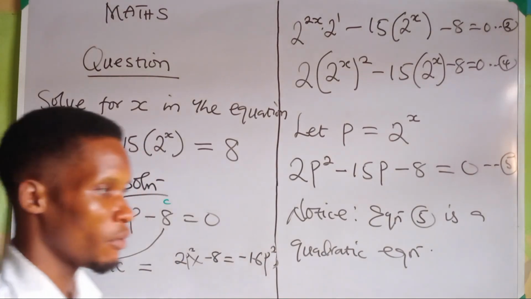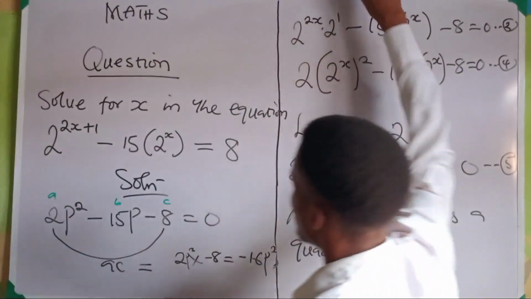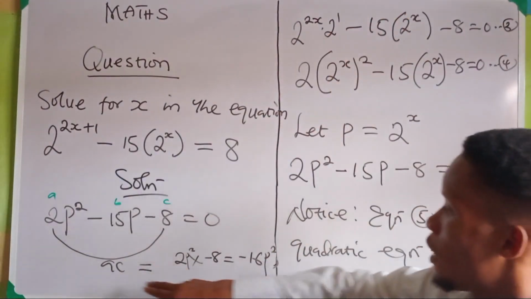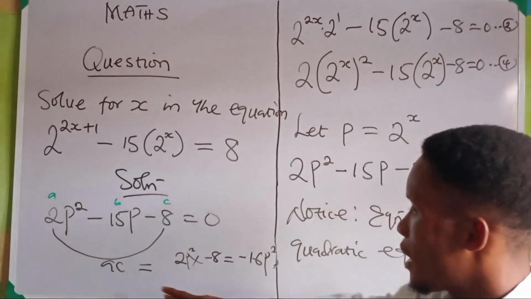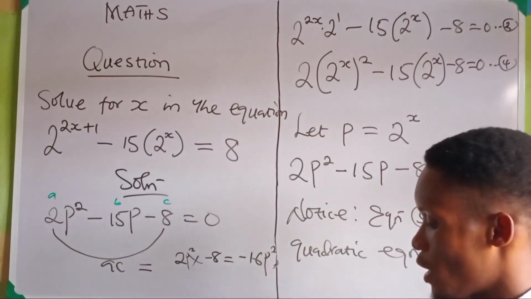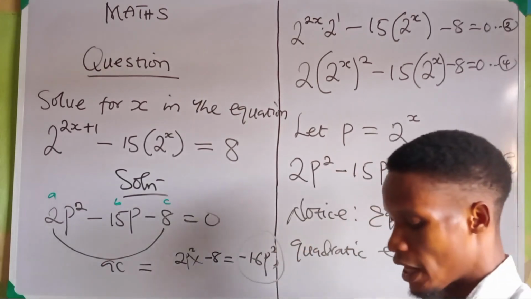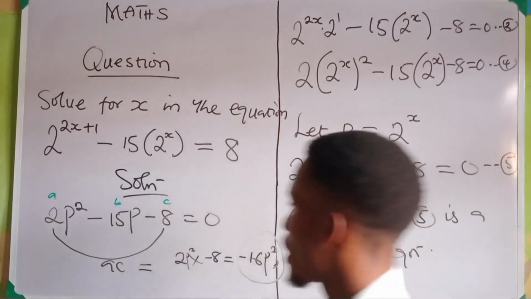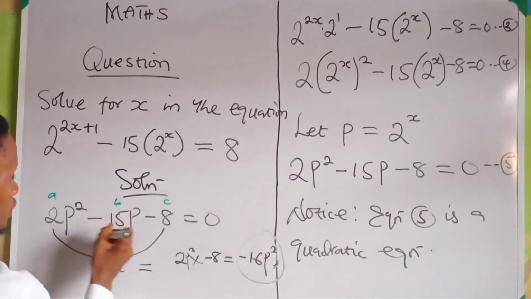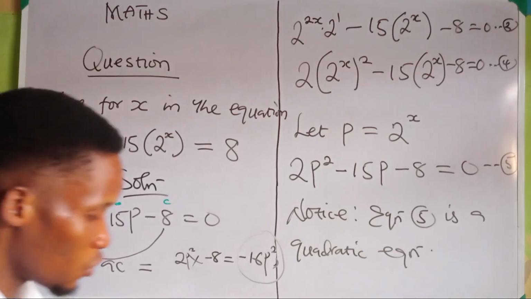So our work now is to find two numbers that, when multiplied, give us this product we got here, but when added, give us minus 15p. So what are the two numbers?